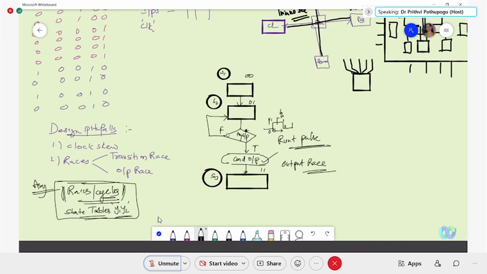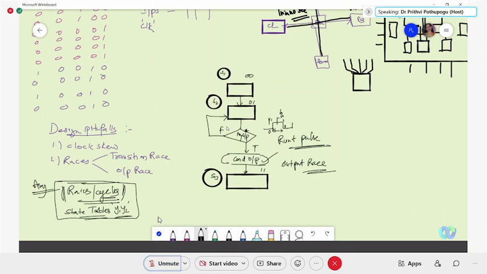Okay, and this is the direct result of your ASM output being a conditional output, which is dependent on an asynchronous input. Okay, this element, we call an error condition.